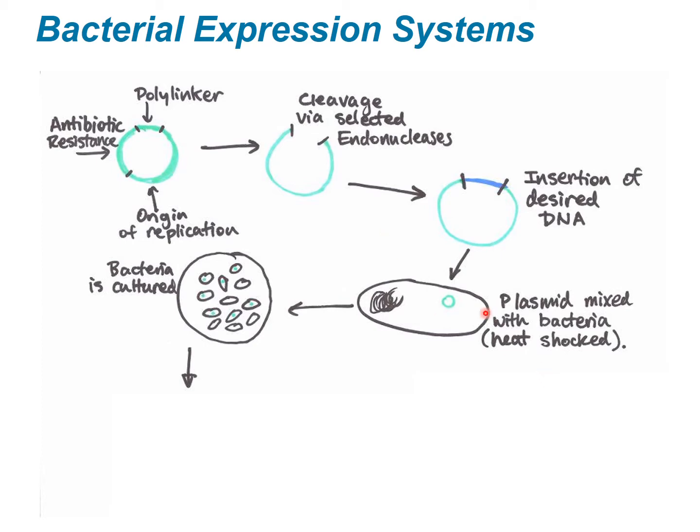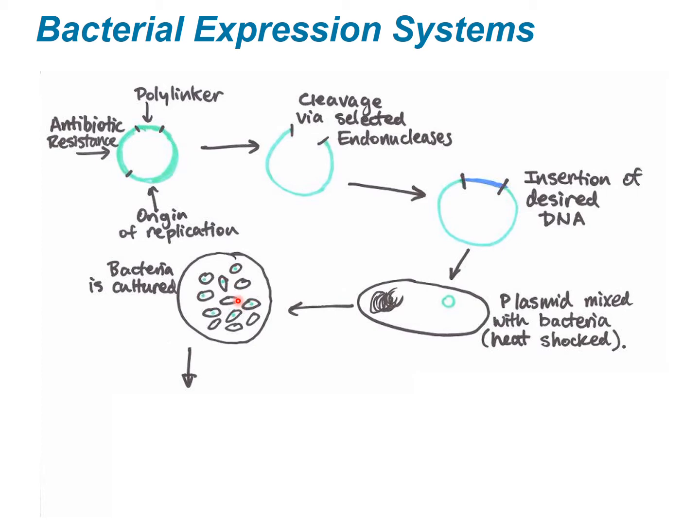Once you have confirmed that the recombinant expression vector is inside your bacteria, you can grow the bacteria so that it is cultured on a plate and selected for by antibiotic resistance.